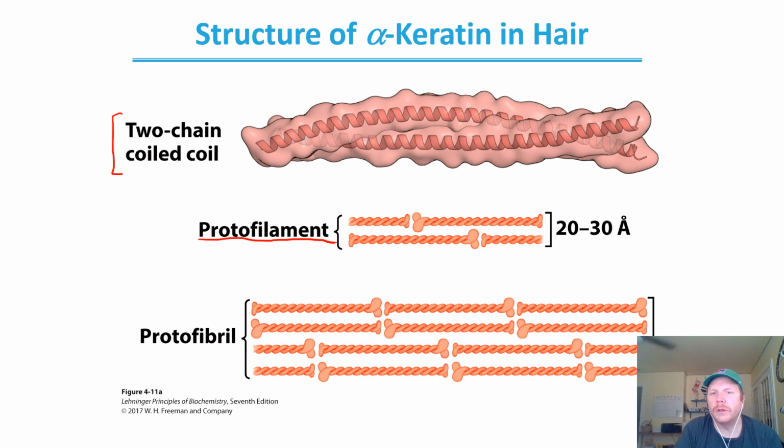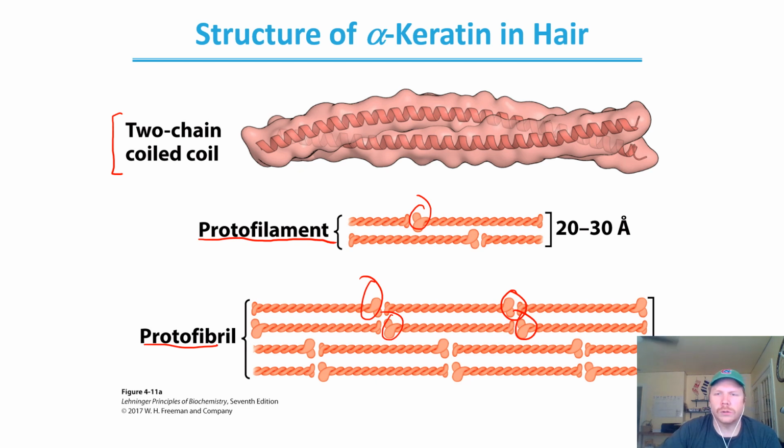And those protofilaments will be the base units that build up to form these protofibrils. If you look at the ends of these protofilaments, you're going to see those ends are right here, right here, and right here, respectively. So the protofilament is multiple 2-chain coiled coils. The protofibril is multiple protofilaments that have all assembled together to make this larger structured molecule.